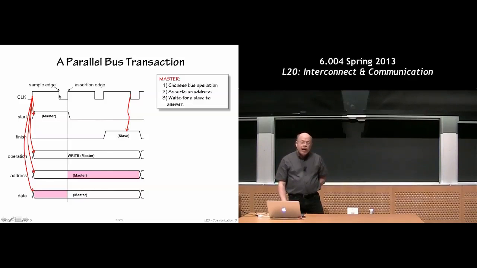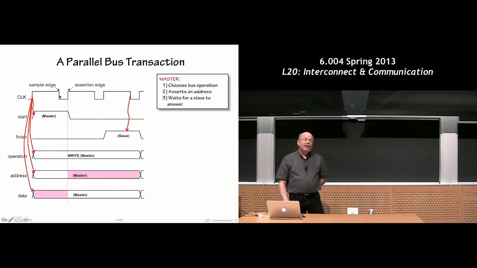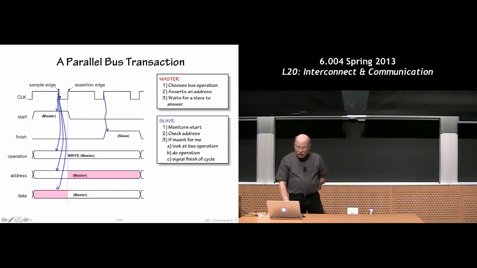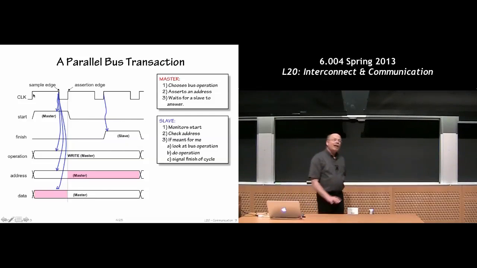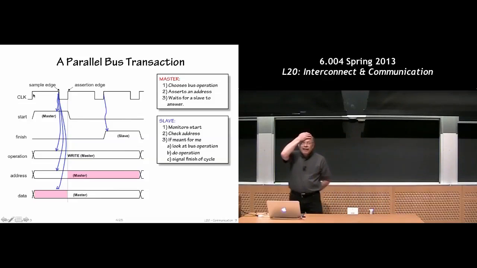The slave, on the other hand, waits for a while, and at the falling edge of the clock looks at the signals to decide what to do. And so how do we choose the time between the assertion edge and the sample edge? Well, that time was chosen to take into account all the vagaries of what it takes to transmit information down these multi-inch wires: all the complications having to do with reflections off of impedance mismatches and just time of flight on the wire.